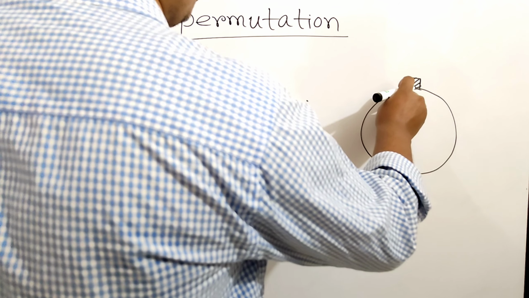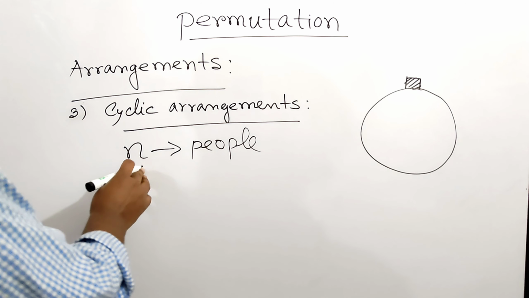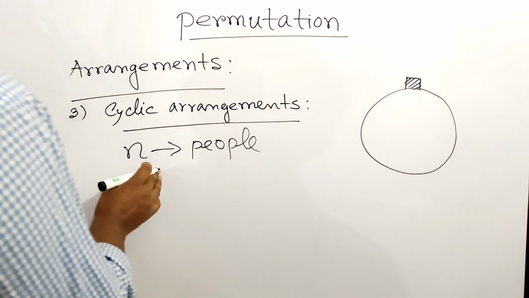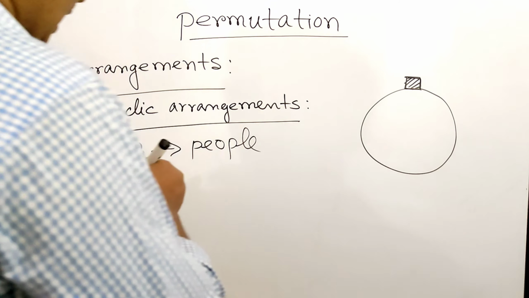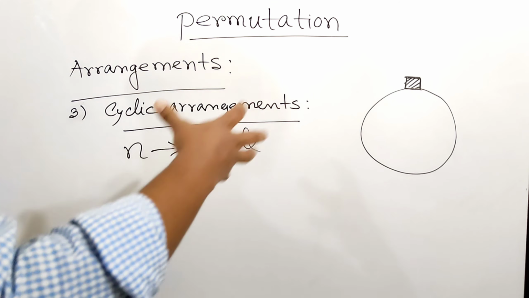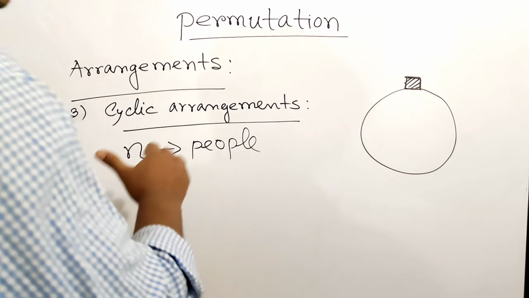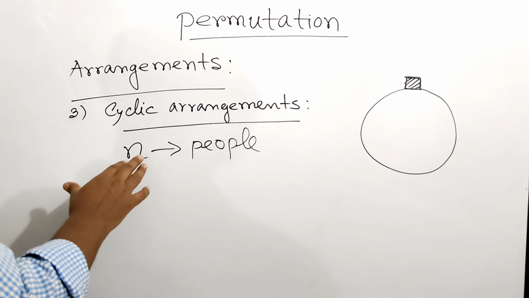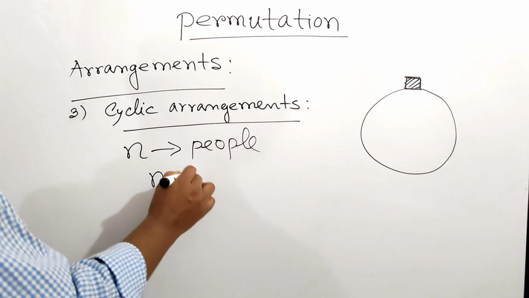You just take one person from the n people at a fixed position, and then you can arrange the remaining people beside this round table. So this is the formula. If you take one person from these n people, then the remaining is n minus 1 people.